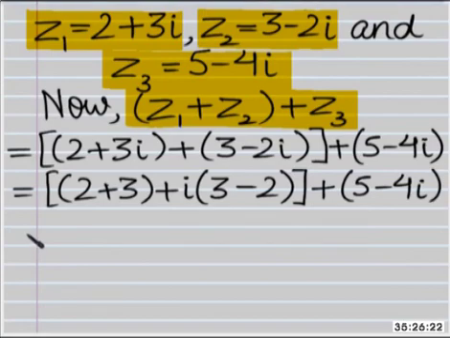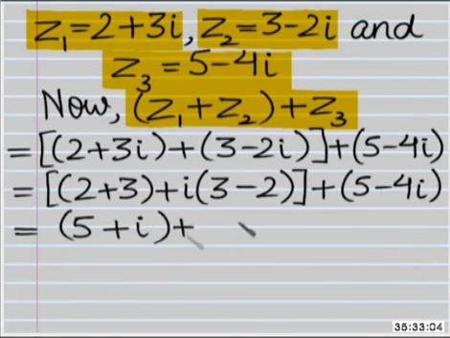This is equal to 5 plus iota plus 5 minus 4 into iota.